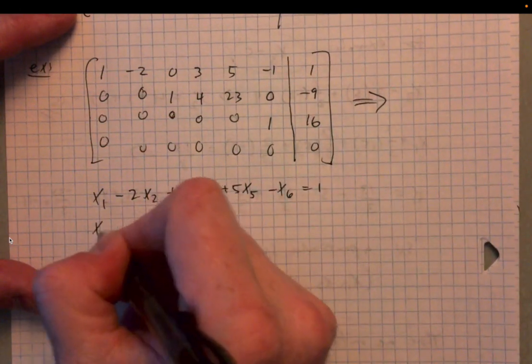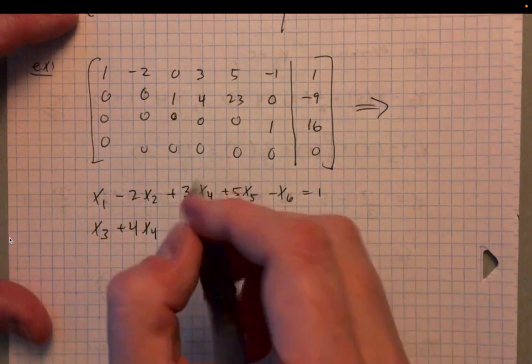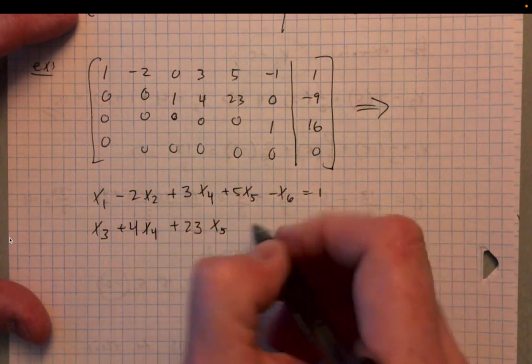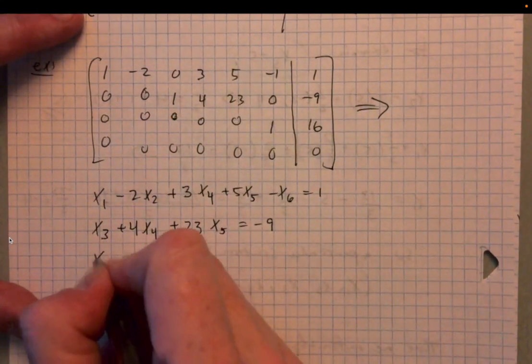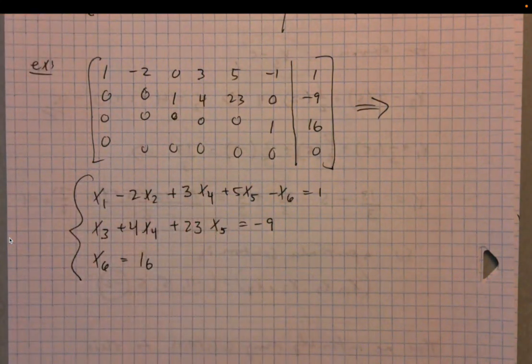And then you've got x3 plus 4x4 plus 23x5 equals -9. And then x6 equals 16. Okay, so here's my system.